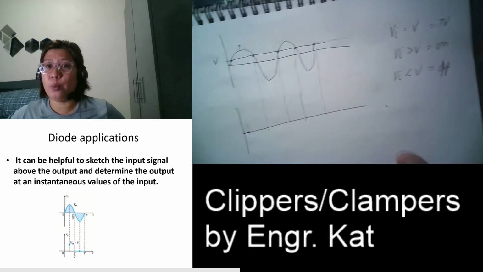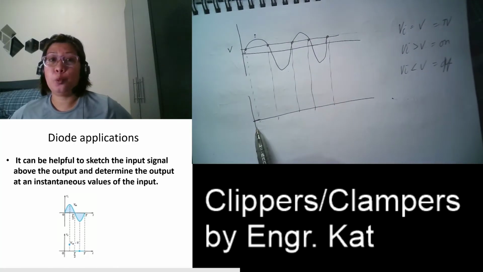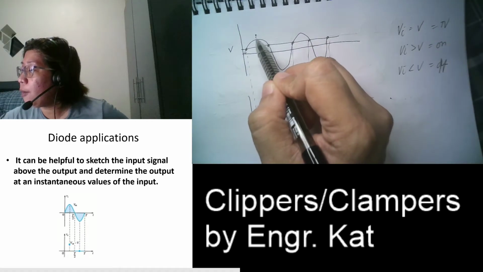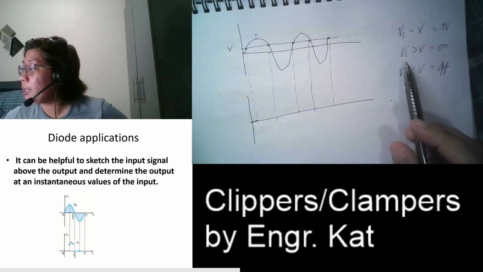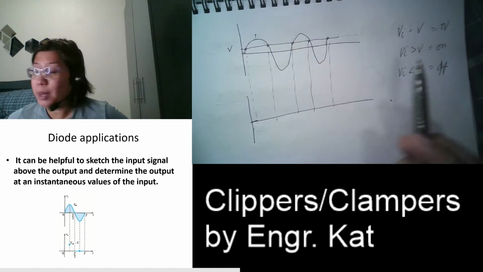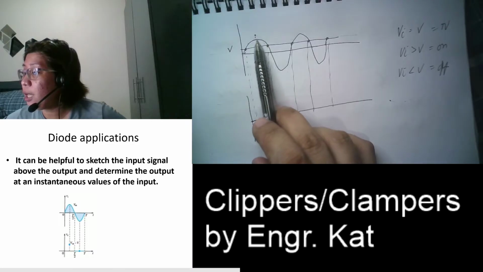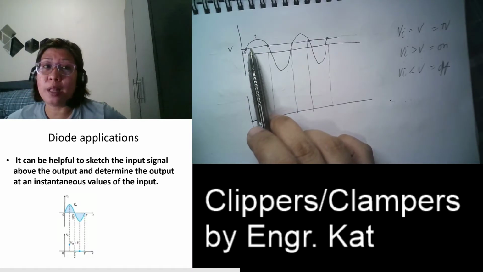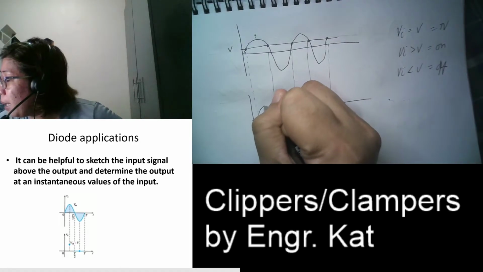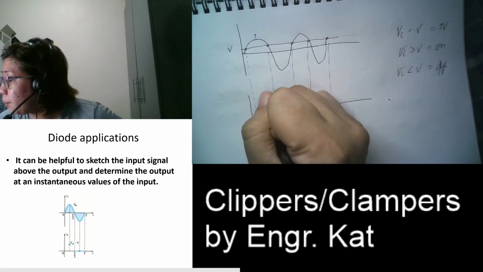So we will start with 0. Now, what happens next? All of the values here fall under this. Vi is greater than V because all of your voltages here are greater than whatever value of voltage here. So in this case, we have an output, and we can place your output here.